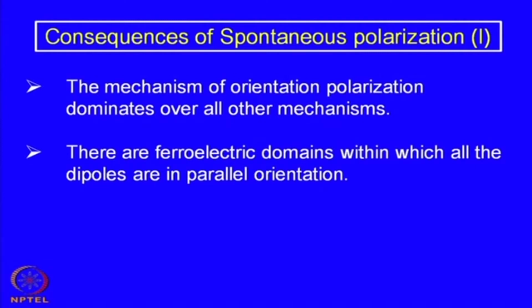These domains do have a net polarization or net dipole moment, but they are randomly oriented. So individual dipoles are not always randomly oriented; they form groups. As a group they have a parallel orientation, but between the groups they have random orientation.